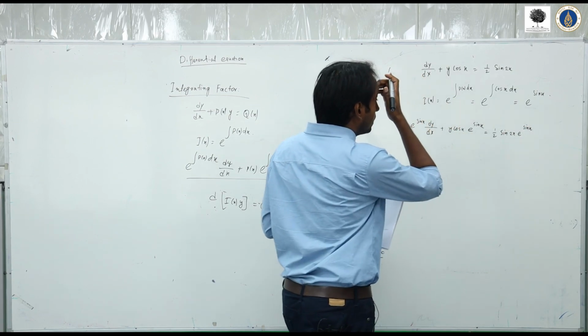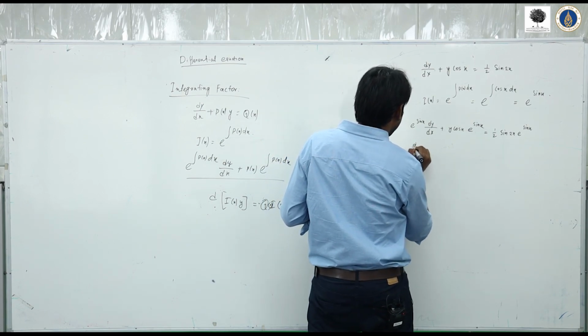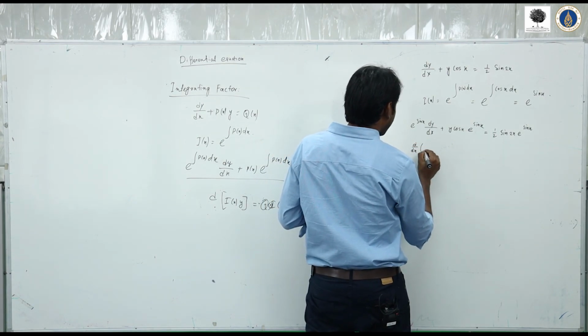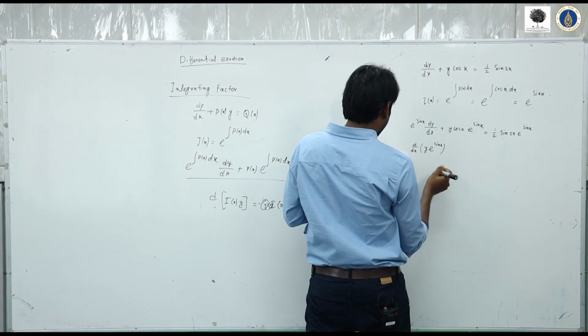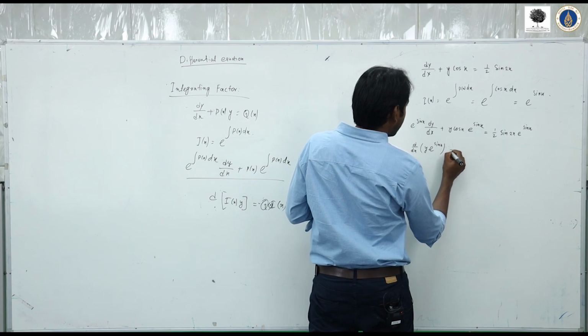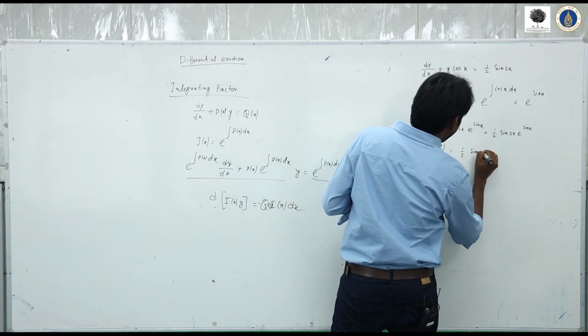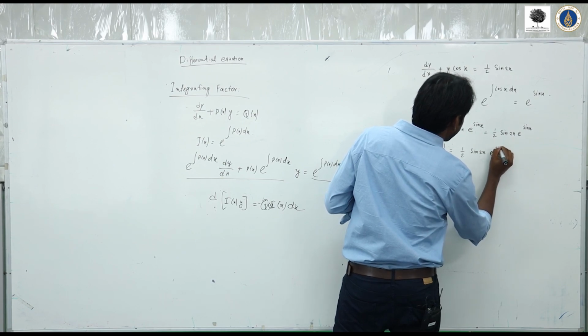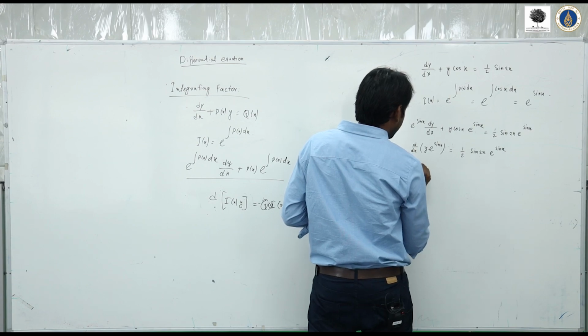Now if you see it, this becomes d/dx of y e to the power sine x, and this side becomes half sine 2x e to the power sine x. Now this differential equation is easy to integrate.